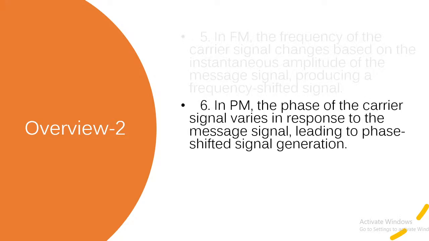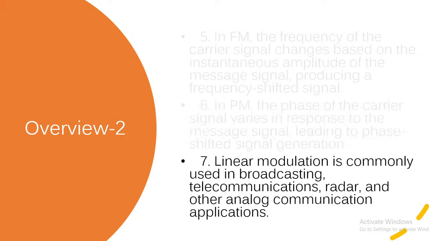In phase modulation, the phase of the carrier signal varies in response to the message signal, which leads to a phase shift in the signal. Linear modulation is commonly used in broadcasting such as radio stations, telecommunications such as telephones, radar, and other analog communication applications.